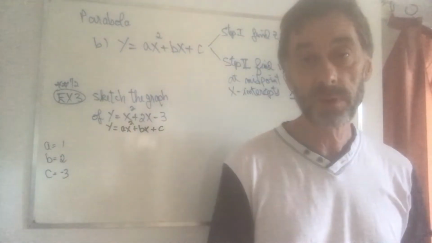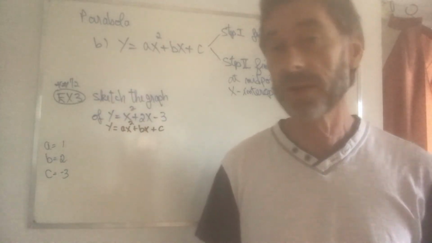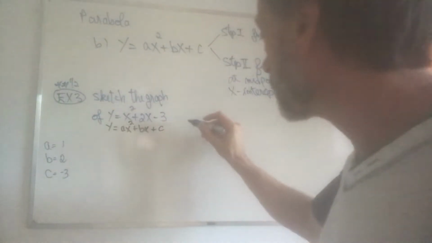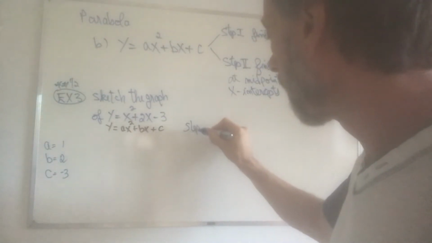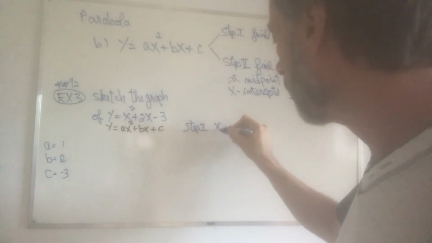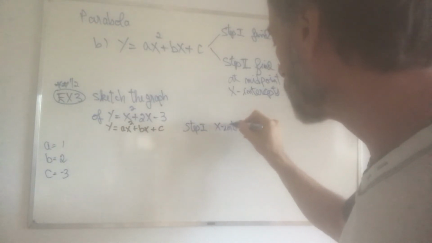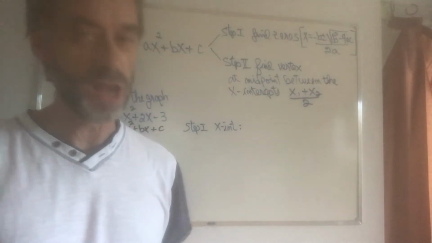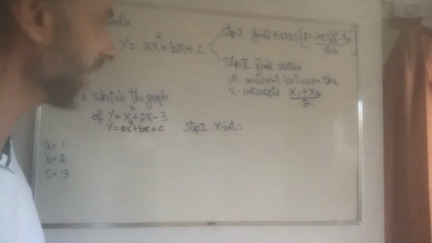So the first thing that I will do is I'm going to use these guys to actually find my x-intercepts. So step 1, the x-intercepts, for which I will use my beloved quadratic formula.